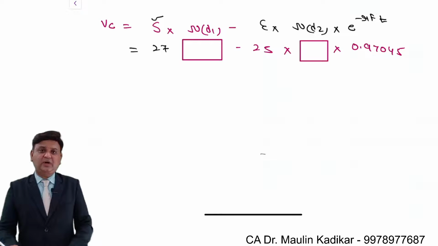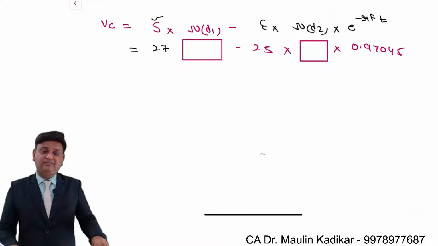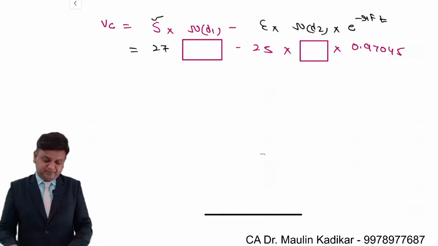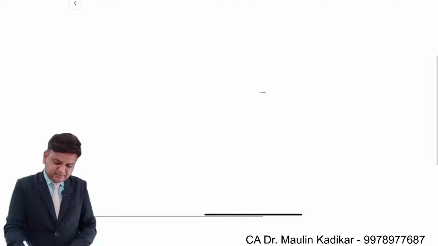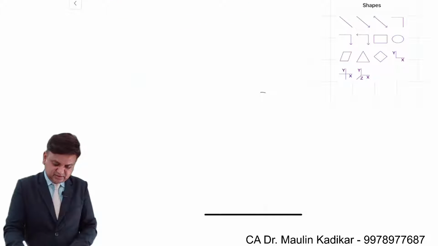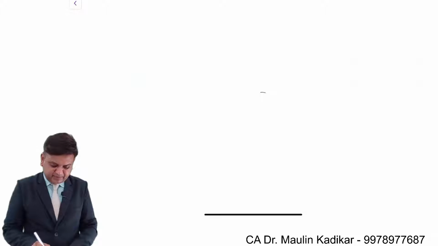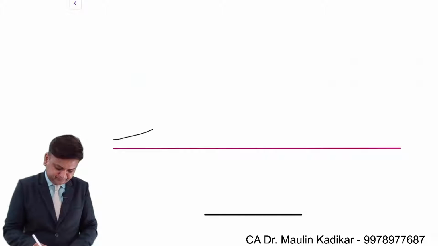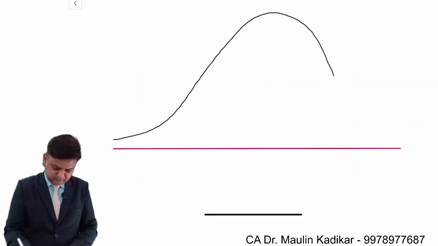ND1 and ND2 are basically the values which have been derived based on the normal probability distribution table. We have studied something like this in statistics, a concept called normal probability distribution. In that we have studied a bell-shaped curve diagram like this, wherein exactly the middle point is considered to be the x bar.